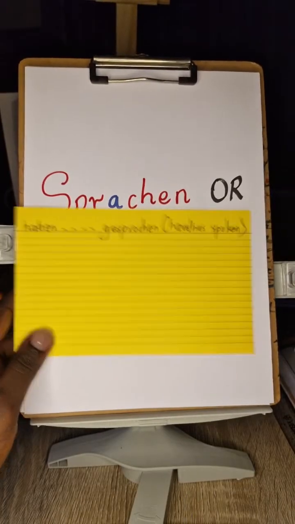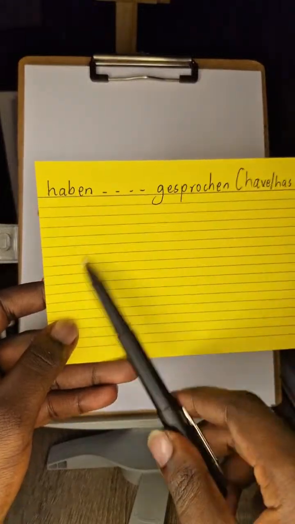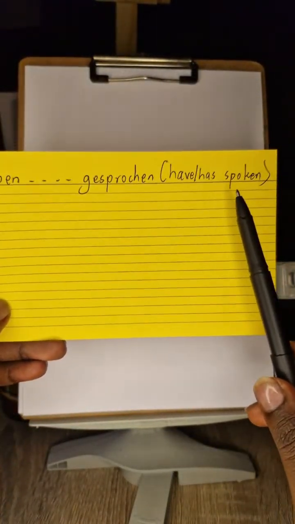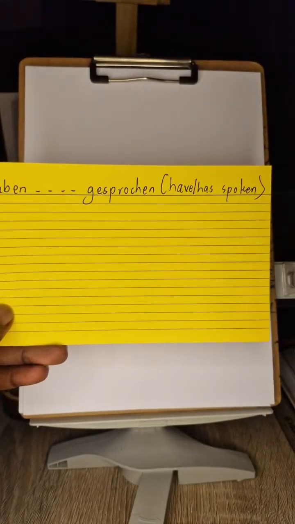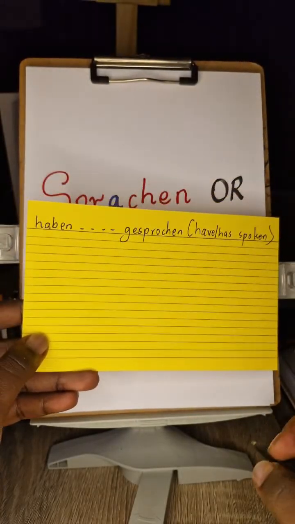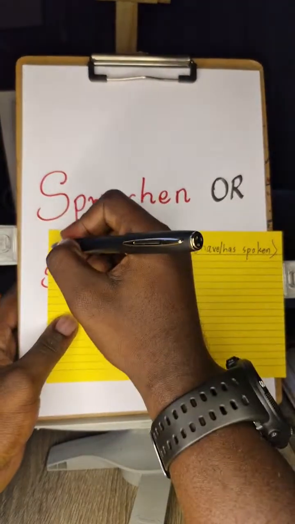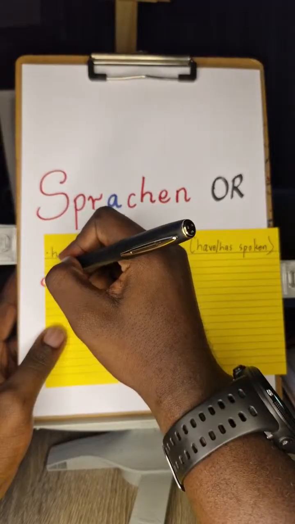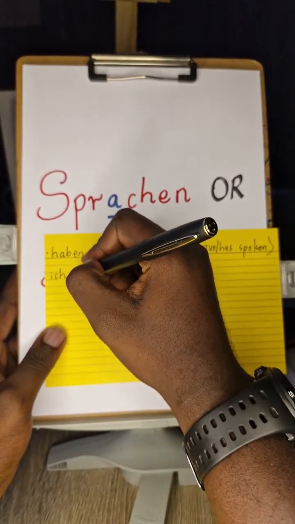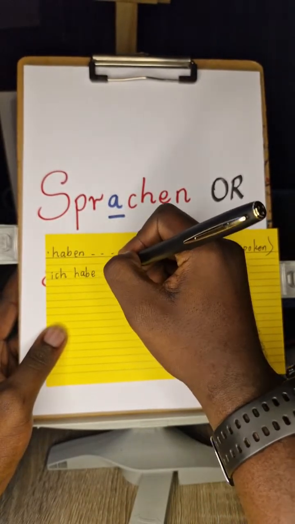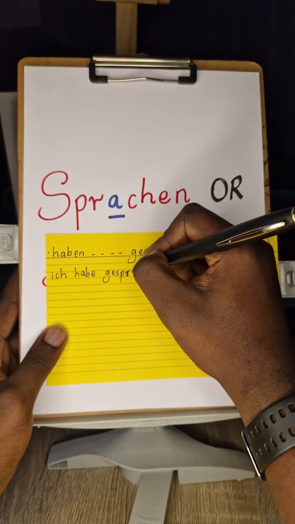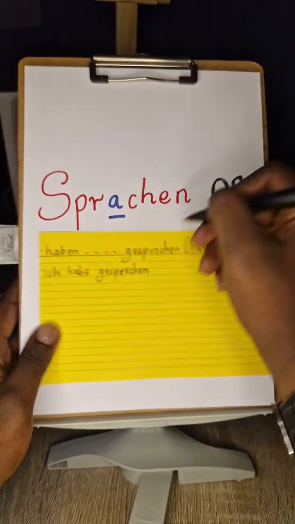Have or has spoken. Now I would use haben, and at the end, gesprochen, which is have spoken or has spoken. So now I want to say I have spoken, right? I have spoken. Now you would say ich habe gesprochen, right? I have spoken.